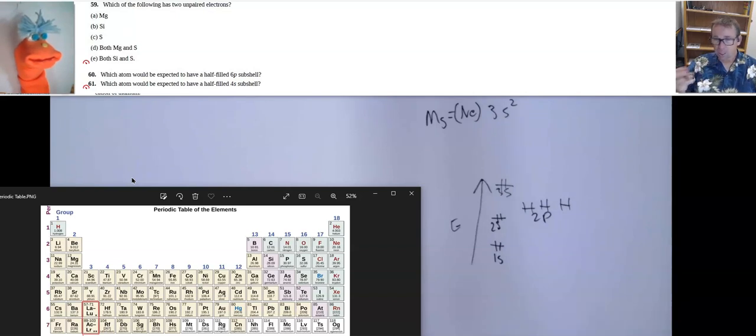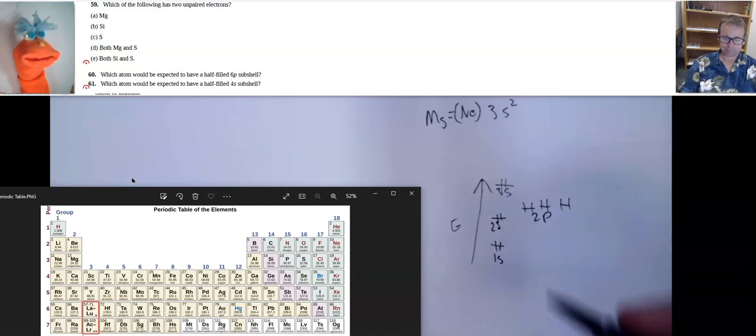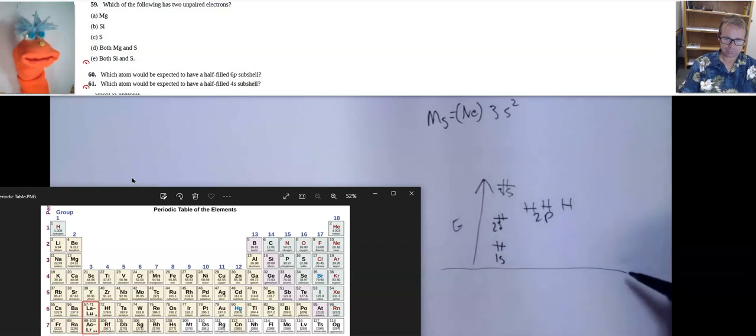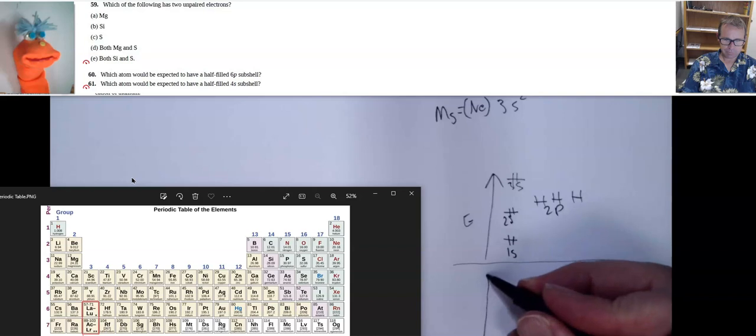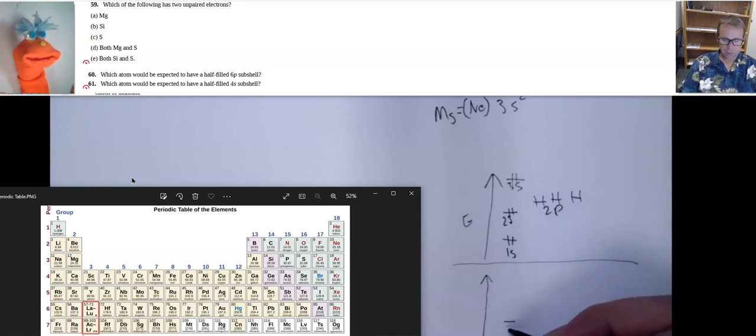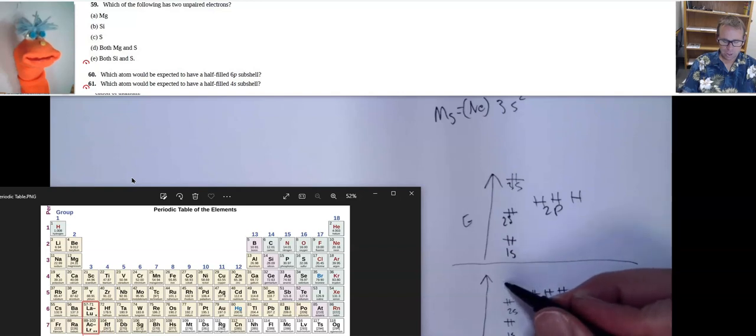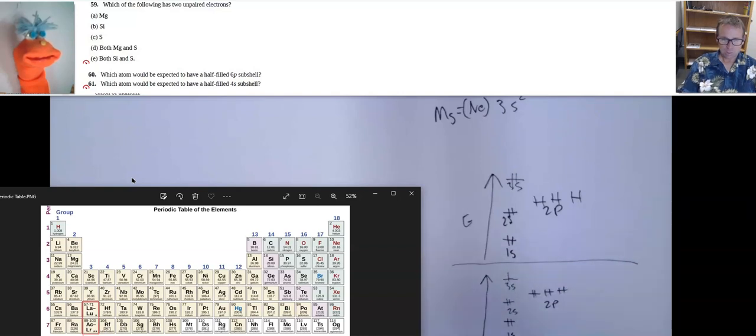Now, when we have elements like, let's say, sodium, this is magnesium. But if I were to do the electron configuration for sodium, right below here, it would have 2 electrons in the 1s, 2 electrons in the 2s, 6 electrons in the 2p, and then only 1 electron in the 3s.